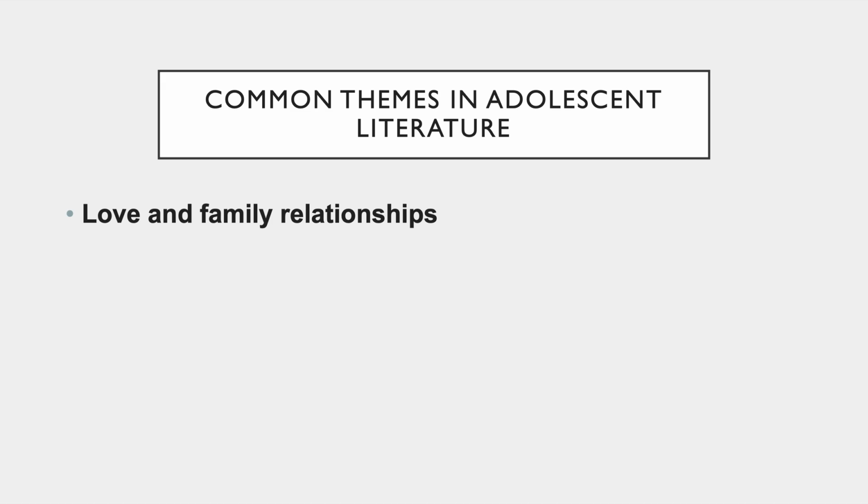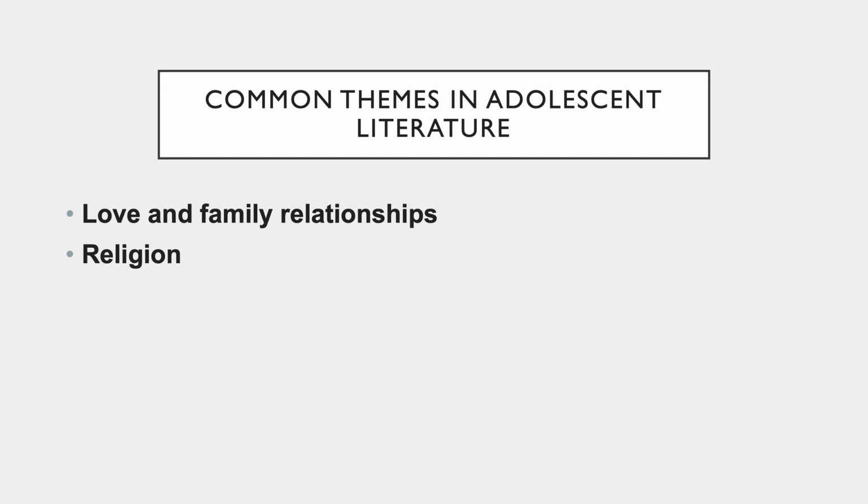Because you're seeing a dynamic unfolding, especially if our characters are adolescents, between the character and their family as a whole. You see a different dimension to the feelings that they're experiencing with each other. So that is one of the main themes. Another main theme that you tend to see pop up is religion. Now, let me just put a little plug here.